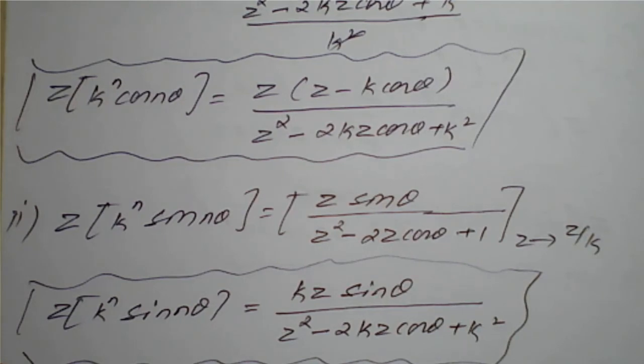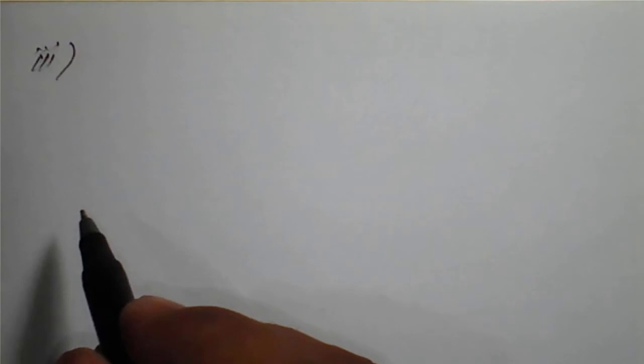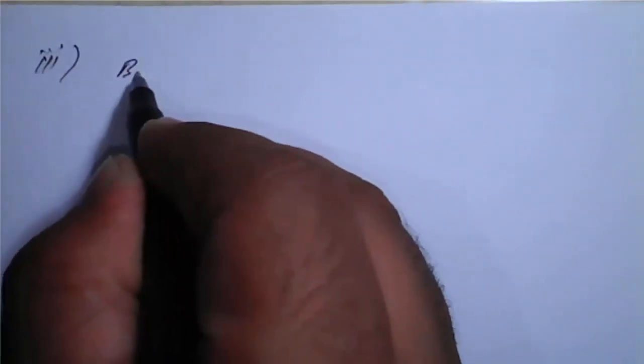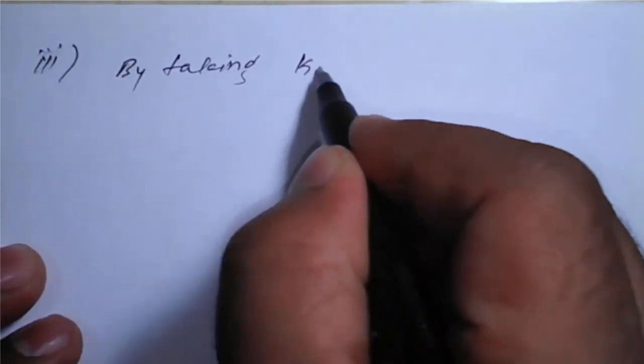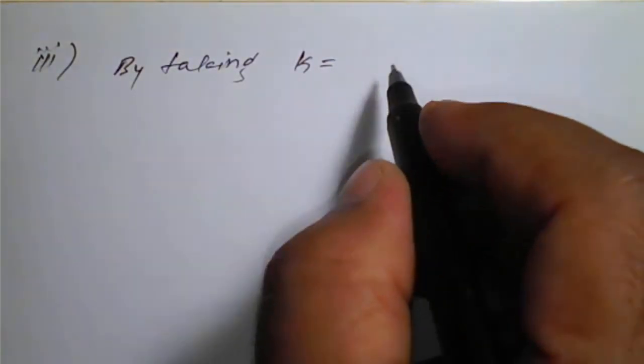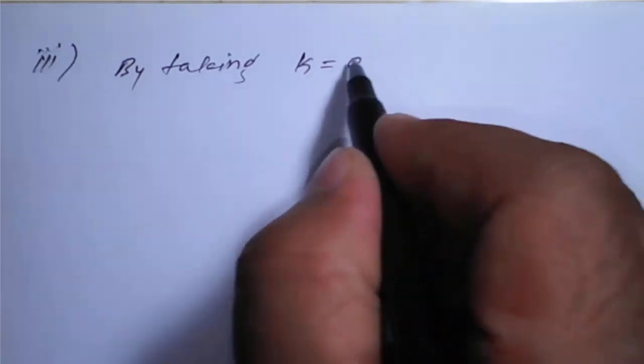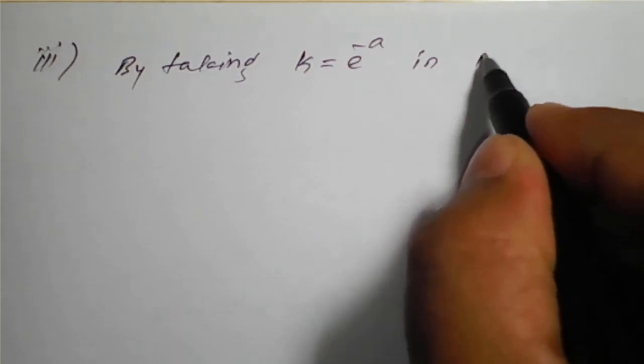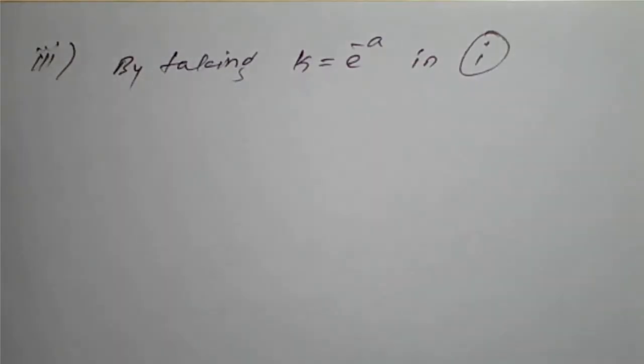So similarly the two more deductions. So next, the third one. To get the third one, what we'll do here is take k equal to e raised to minus a in result 1, that is deduction 1.